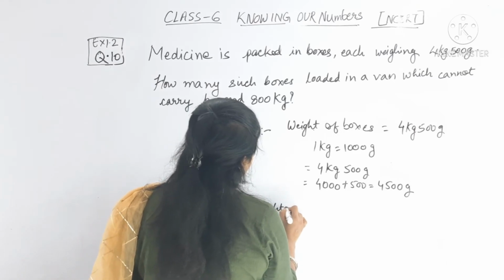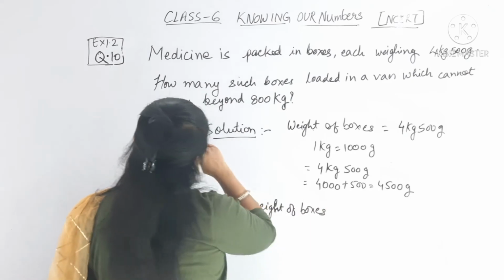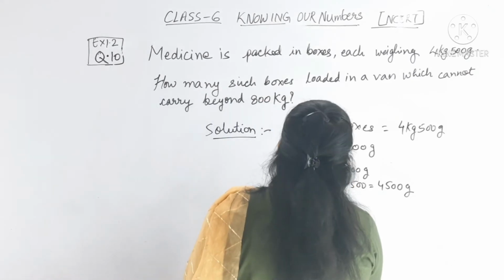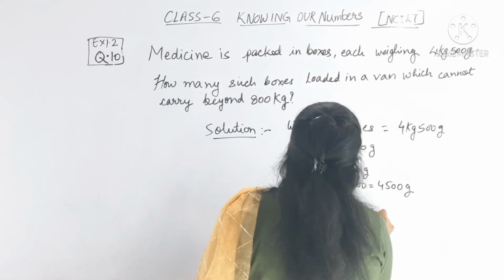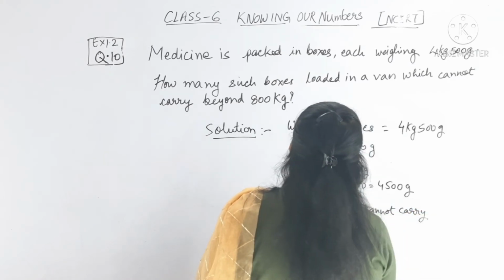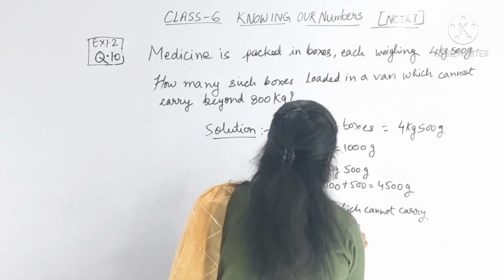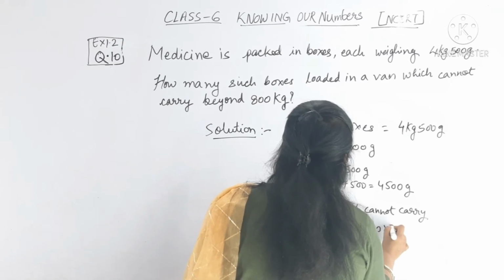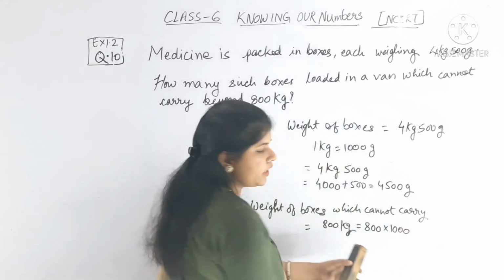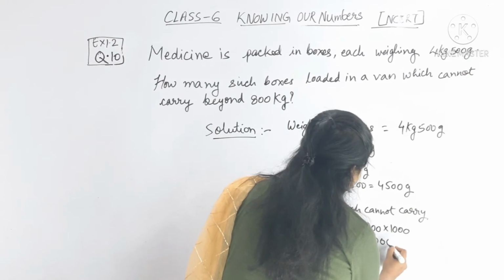Weight of boxes which van cannot carry is equal to 800 kg, that is 800 into 1000, right? 800 into 1000. So I am writing here 800,000.